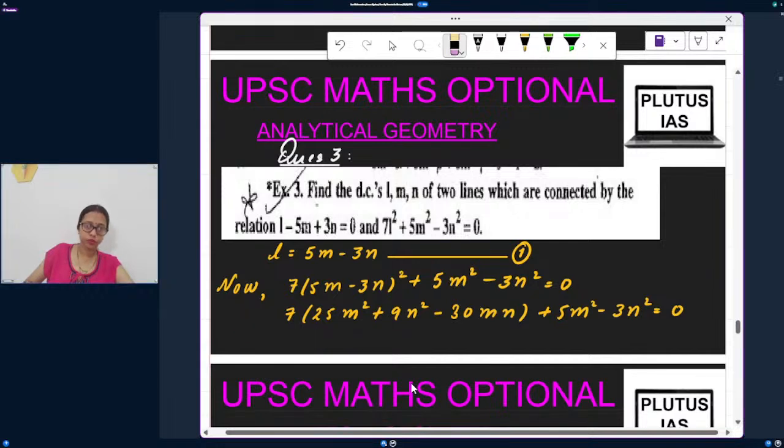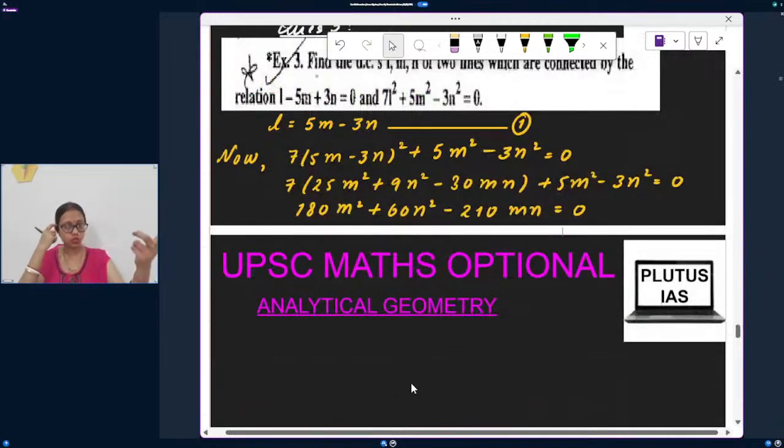So it is 7 times this, 175 plus 5 is 180 m square, then we have 63 minus 3 which is 60 n square, and minus 210 mn is equal to 0. You can convert this equation.